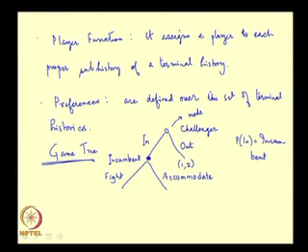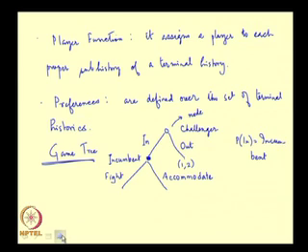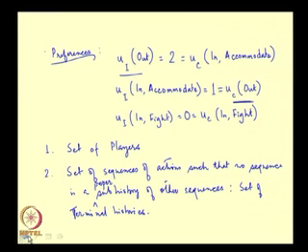If the terminal history is in and fight, then what are the payoffs? The payoffs are 0, 0, both of them. And if the terminal history is in and accommodate, then the challenger is getting 2, this is the best for the challenger, and the incumbent is getting 1.